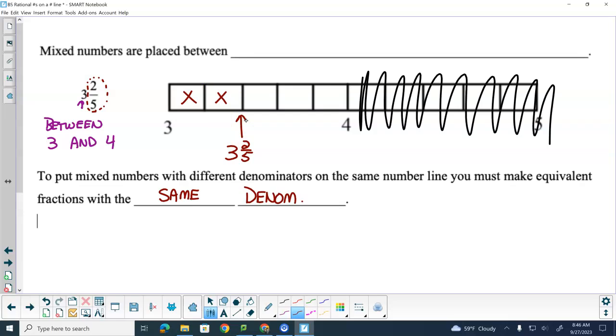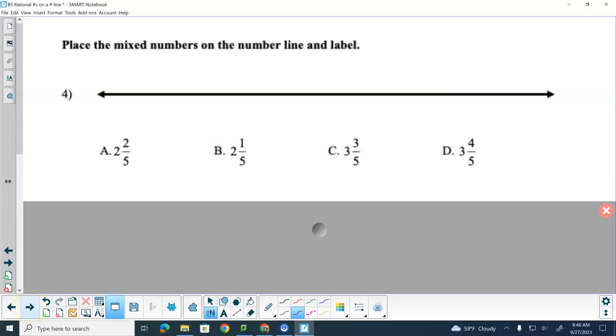Now, let's put these to work. Do we have same denominators all the way through? Yeah. What numbers are we in between? The first one's in between 2 and 3. Next one's in between 2 and 3, right?